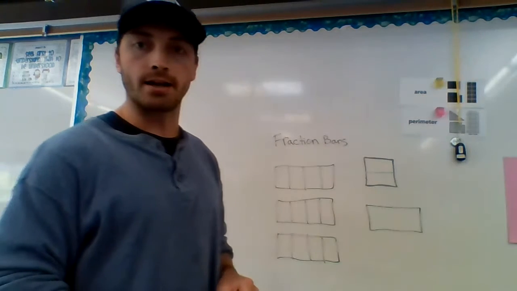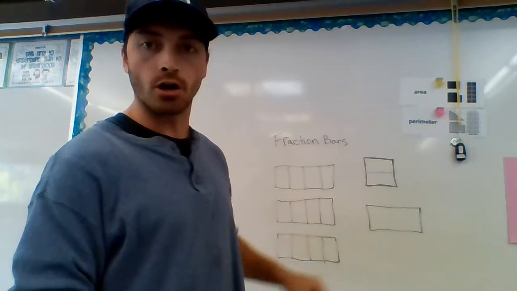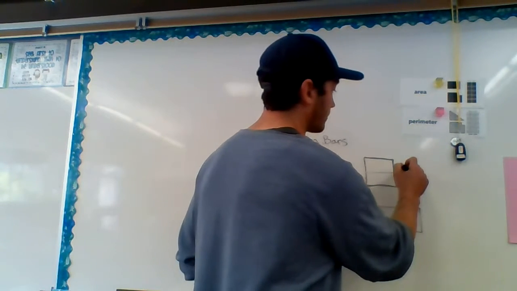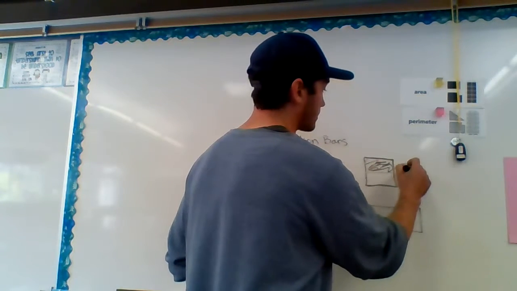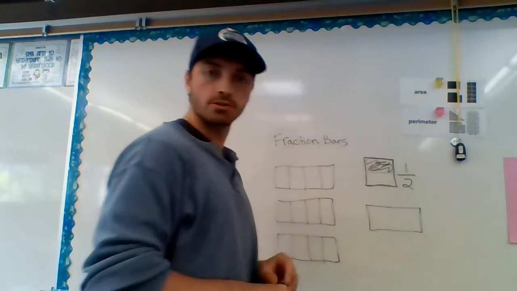So when we divide up and we use fractions, we know that the parts that are divided are always equal. So for this one we'll shade in the top, and that tells us that we have one part out of two.